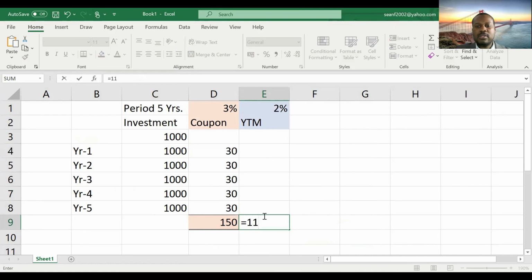So it's 1,000 times 1.02, and we raise that to 5. That basically is going to give us what we need to find out based on the actual investment, which is 1,000.